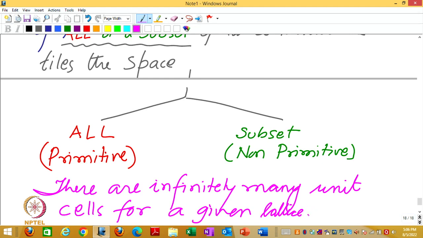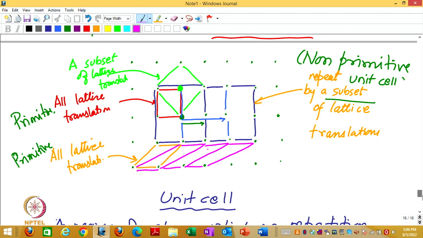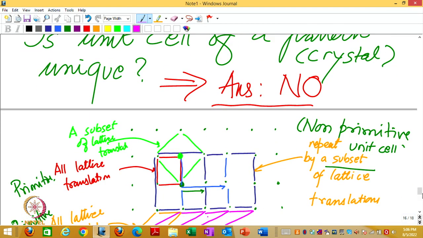And that will bring us to an important question, which we will deal with later. Then what unit cell to use to represent this lattice? To begin with, I called it a square lattice, because points were on a square grid, and I selected this red square unit cell.